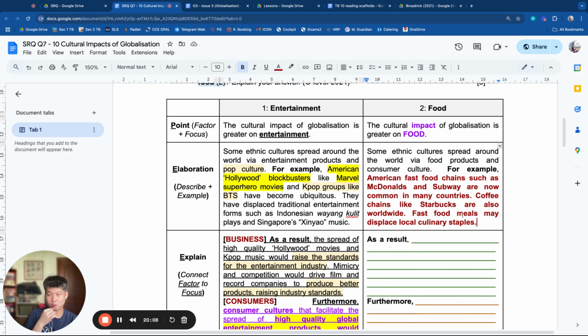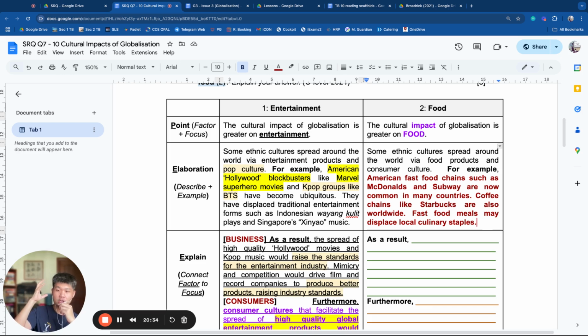And you could give some examples of local culinary staples, local foods that have been reduced in prominence because of this fast food. Perhaps the best examples are think about whatever young cousins or siblings you have, and how your family wants to take them out to have some food, and they demand McDonald's and KFC.